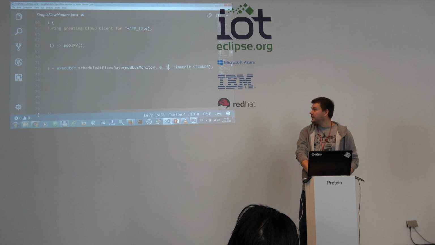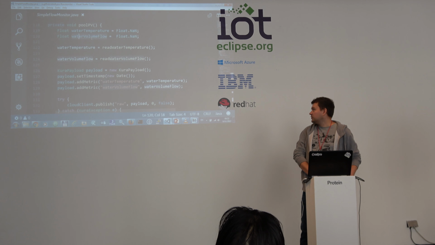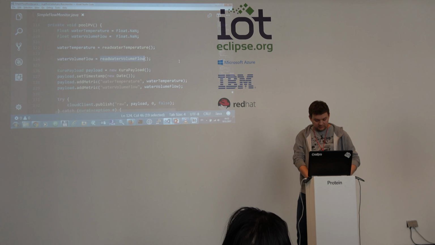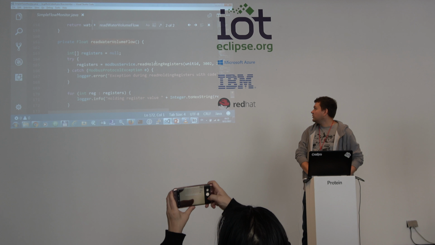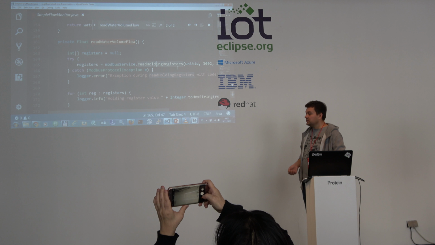Yeah. So I've got 2 floats. Let's focus on the water flow. I want to read this water flow, so I need to run this function. If the Modbus service is available and it is connected to the PLC, I'm reading the holding register. It is a concept from the Modbus specification.